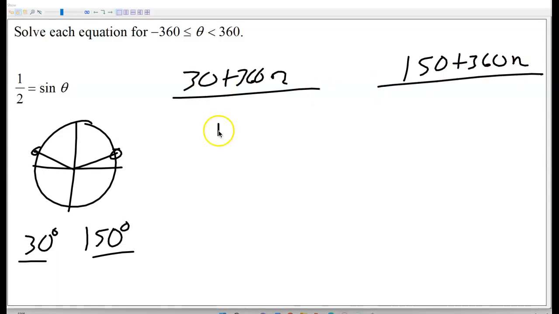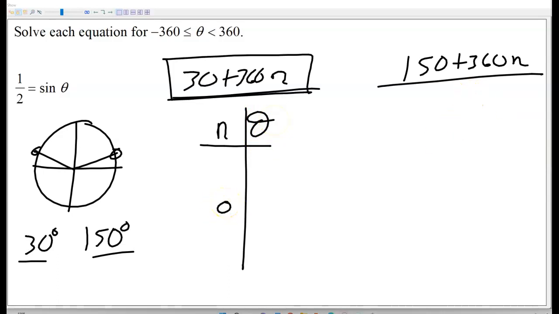All right, so we're going to pick values for n, and we're going to plug them in to get our possible answers. I always like to start with 0 because that's going to be the answer that's here, so it's just 30. And that's one of our answers that we can use because that's between -360 and 360. And now basically if I were to plug in 1, that's like I'm just going to add 360 to 30.